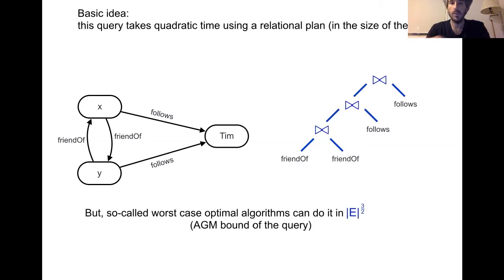By doing this, you can actually shift from a quadratic algorithm, which is this left deep plan, where at some point you have a quadratic intermediate result that you need to store in memory, to an algorithm that works for this particular pattern in the size of the graph to the power of 1.5, which is the AGM bound of the query, the maximum number of tuples that the query could produce.